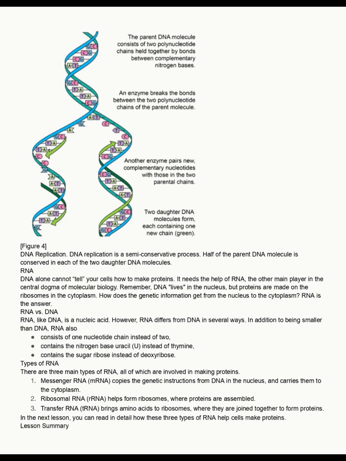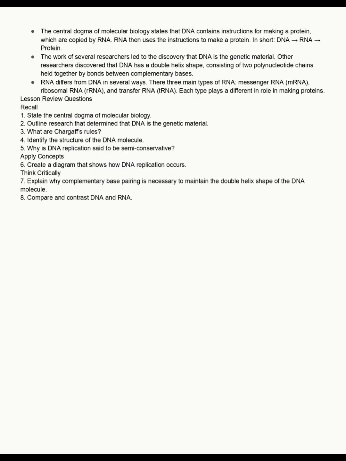Lesson summary. The central dogma of molecular biology states that DNA contains instructions for making a protein, which are copied by RNA. RNA then uses the instructions to make a protein. In short, DNA to RNA to protein. The work of several researchers led to the discovery that DNA is the genetic material.